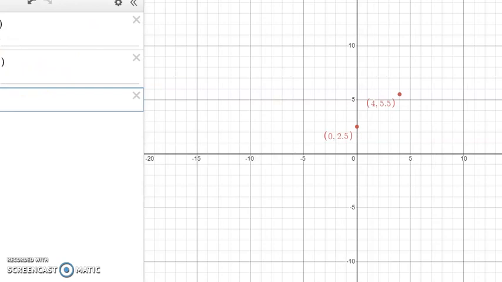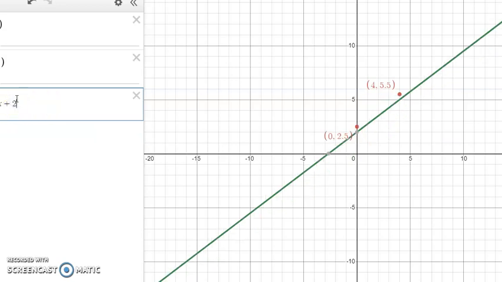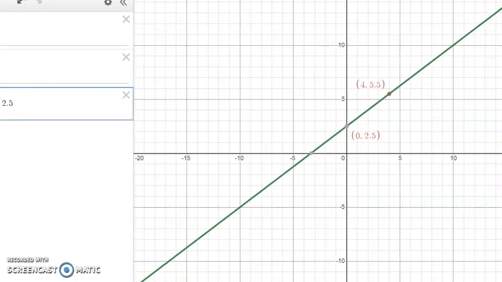So we get our ruler, and we draw our line through the points, 2.5. So we have a ruler, and we draw our line through here. I'll make that a different color, make it black. Remember, this is going to be a solid line, and the reason this line is solid is because we have an equal sign in our inequality.